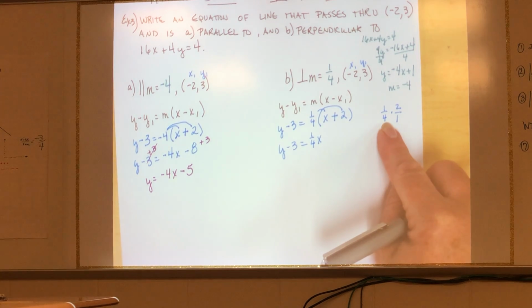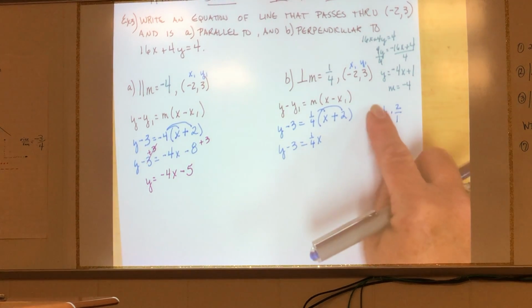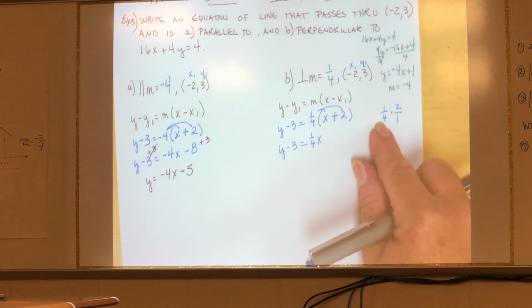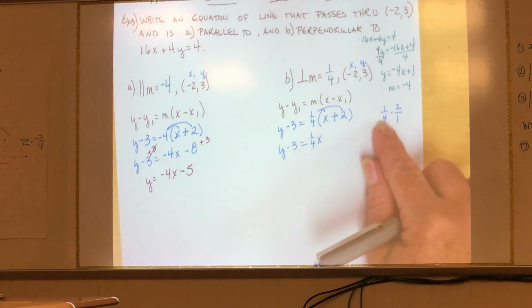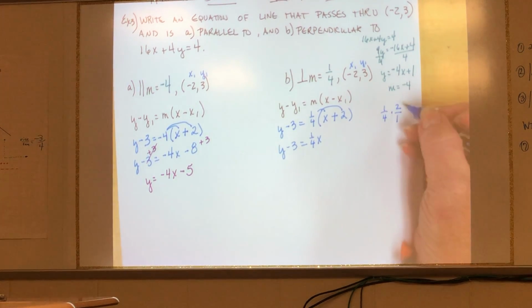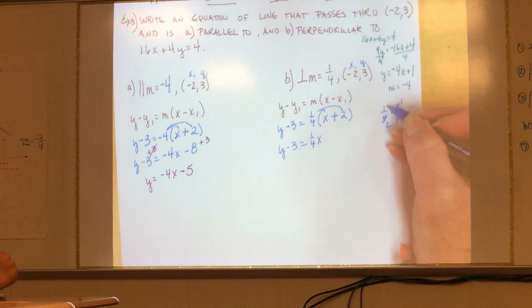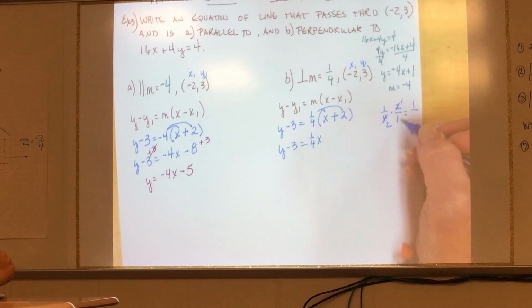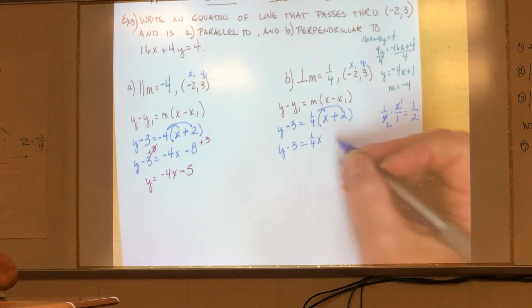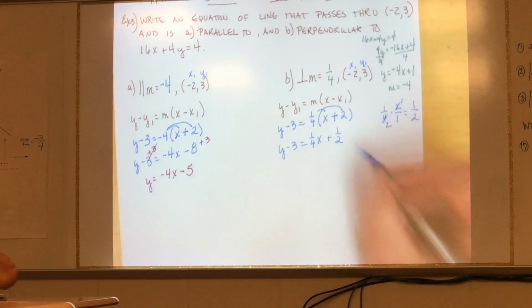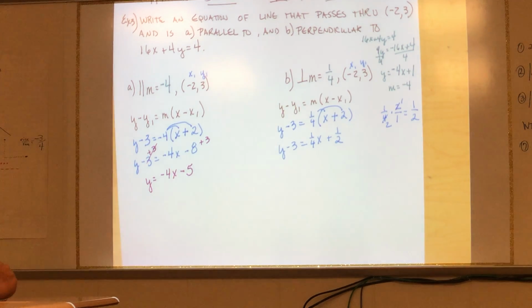So, remember how you can cross cancel. You can do it diagonally and you can do it up and down. You cannot go across, okay? So here, 2 goes into 2 one time and 2 goes into 4 2 times. Then top times top and bottom times bottom. So this is plus 1/2. Are you with me? Okay, anybody got a question?